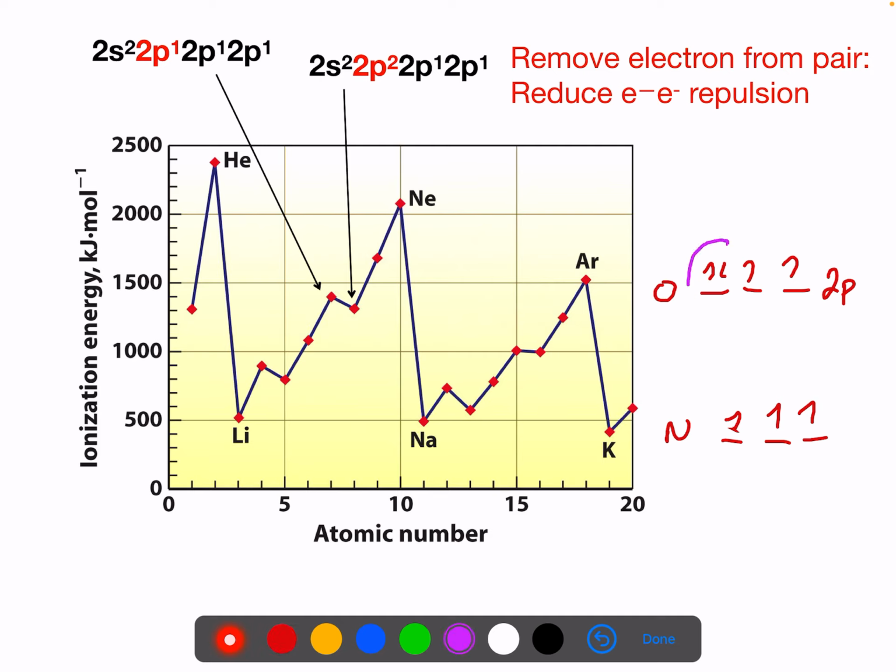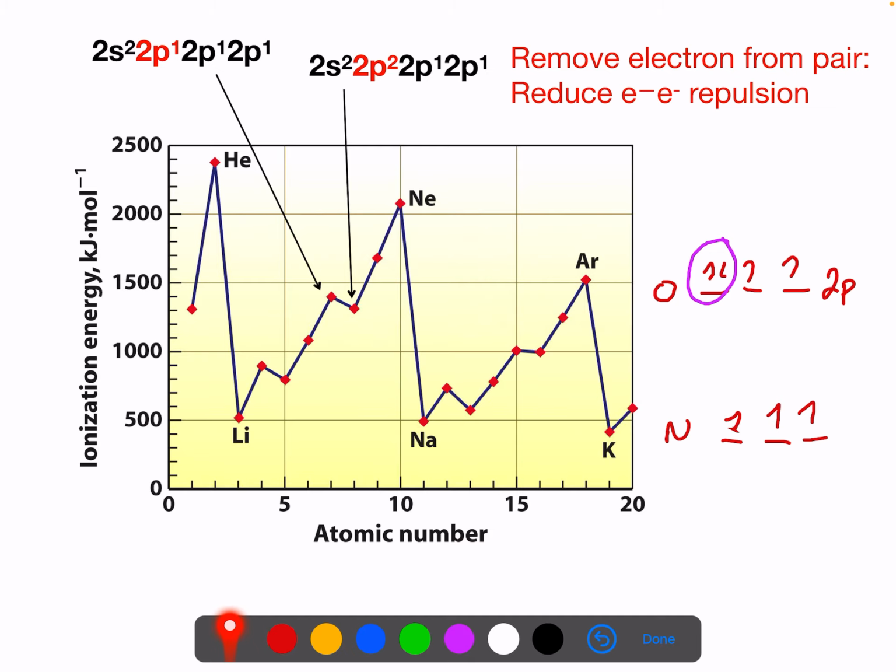With this spin pairing, two electrons in the same orbital, both of those electrons are negatively charged, so they're going to repel each other. That raises the energy just a little, but it's just enough that it makes it slightly easier to remove the electron, even though it has the greater Z effective than for nitrogen. And so that's our ionization energy trends.